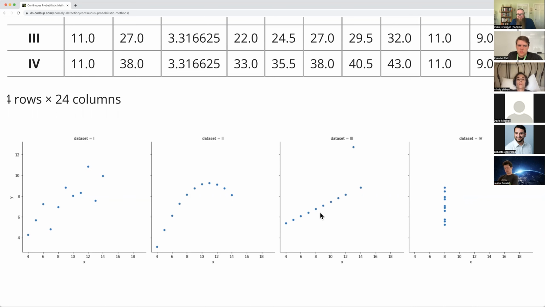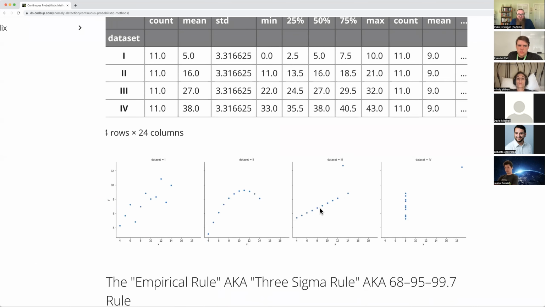So always visualize your stuff. Scatter plots are your friend, and also box plots are your friend as well. And histograms, all 3 of those give you a real good visual idea of where your outliers are.